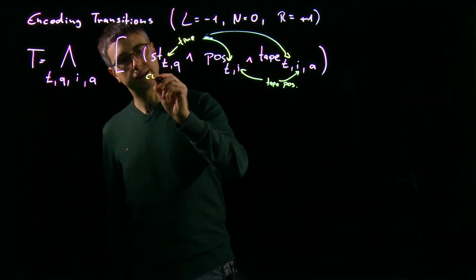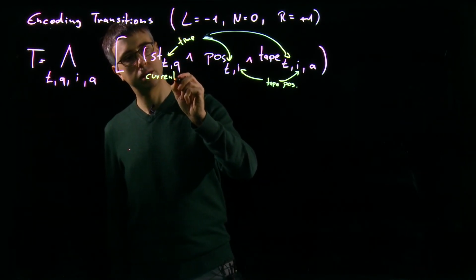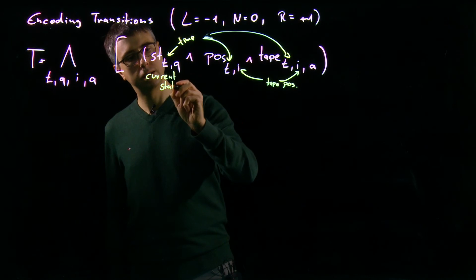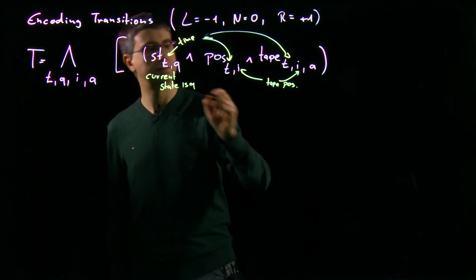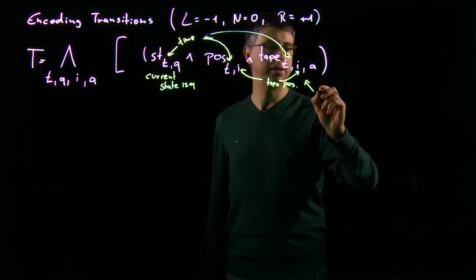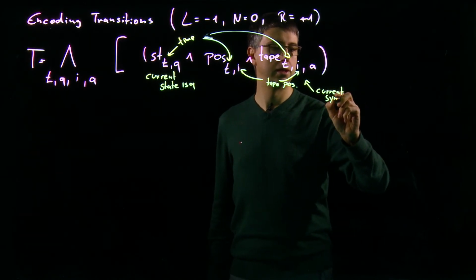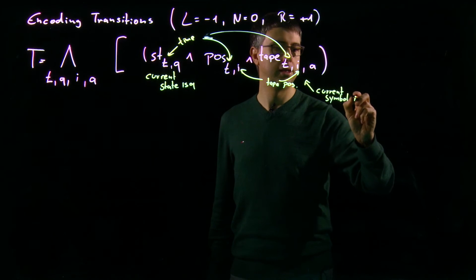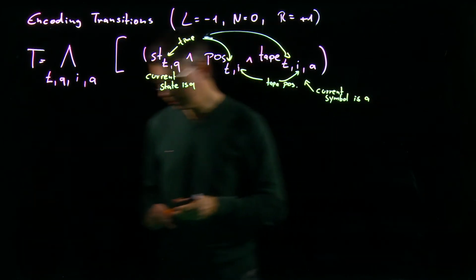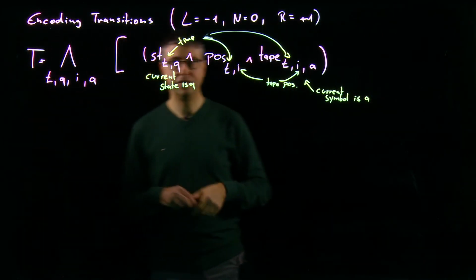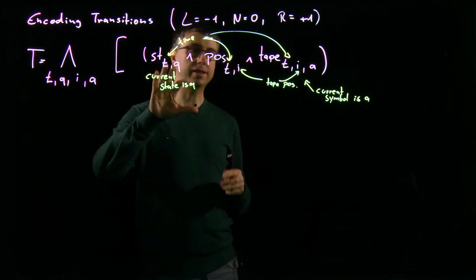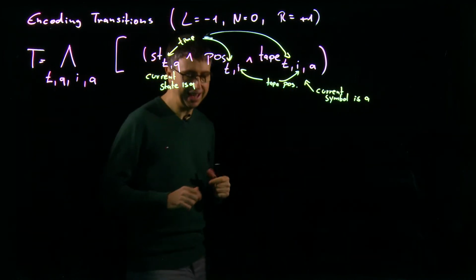This is the current state, Q. And this means the current symbol is A. Okay, now we have fixed that the current state is Q and the current symbol we read is an A.